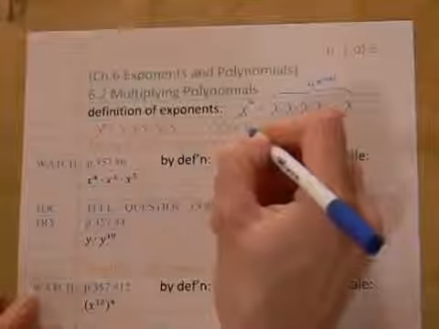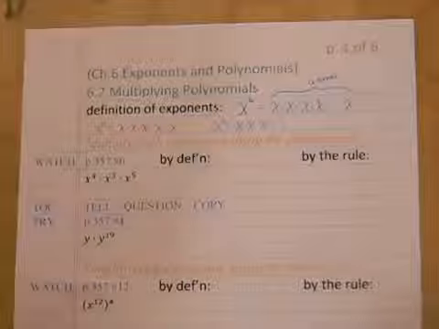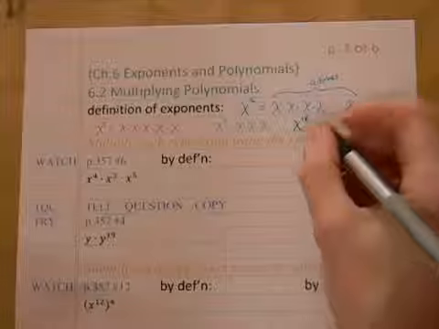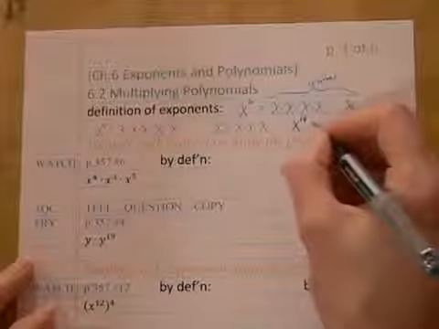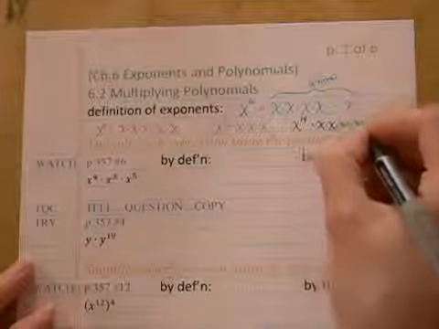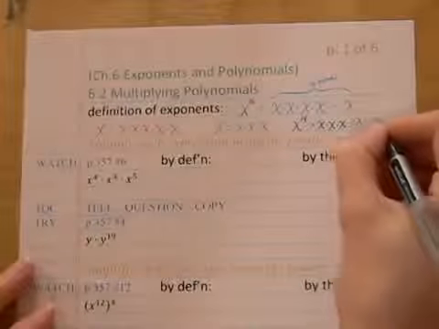x to the third, or x cubed, would be another example: x times x times x, 3 x's multiplied together. x to the 14th. As soon as these numbers start to get big, you realize the need for this kind of notation, because writing out x to the 14th by definition, x times x times x times x, on and on and on until you've done that 14 times.